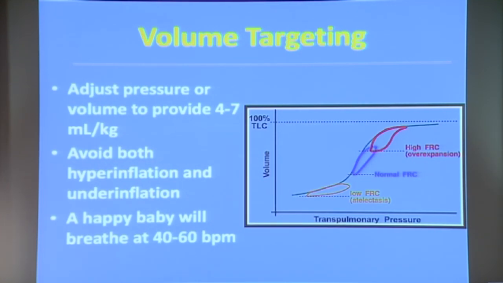I'll draw your attention to the graph on this slide, because what we're trying to do, remember, if this is our theoretical pressure-volume relationship, or static compliance curve, is to ventilate the baby at the steepest portion of this curve. If we define compliance as the slope between the origin of the graph and its peak inspiratory pressure, this compliance line, as you can see, will be steepest at the mid portion of the curve.